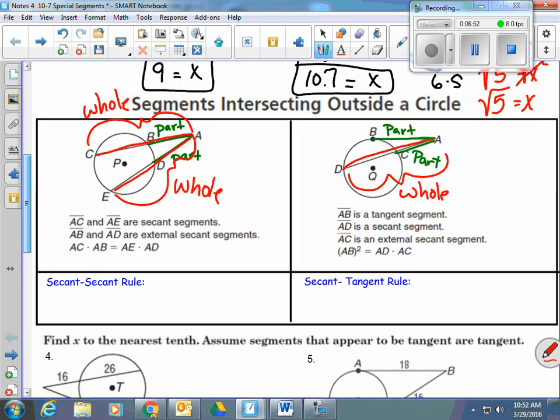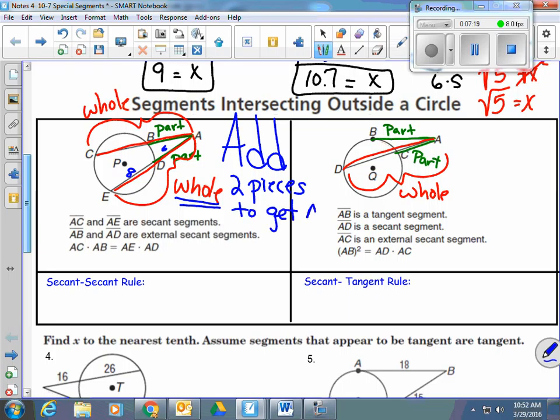Okay? Now, here's the most important part. If I told you that this piece right here was 8 and this piece was 6, what would you do to get to the whole? What did I do to get to the whole? Times? Add. You add two pieces to get a whole.